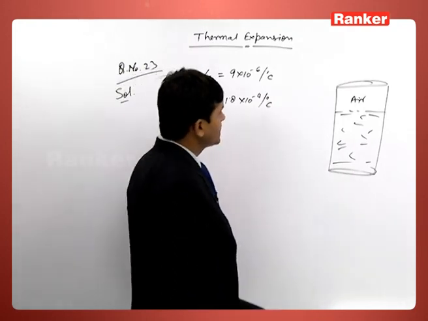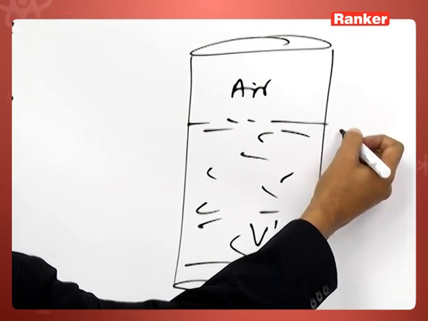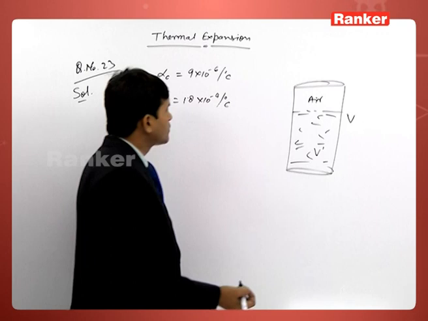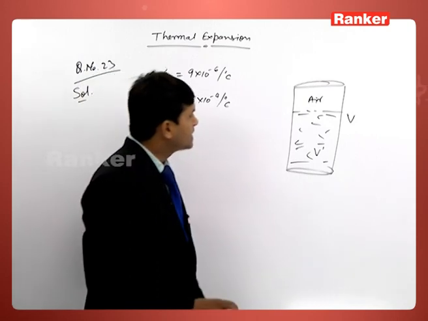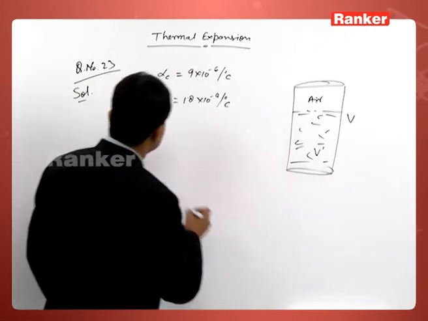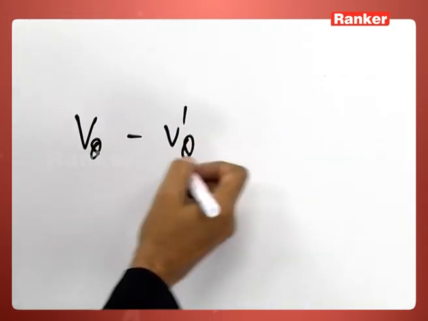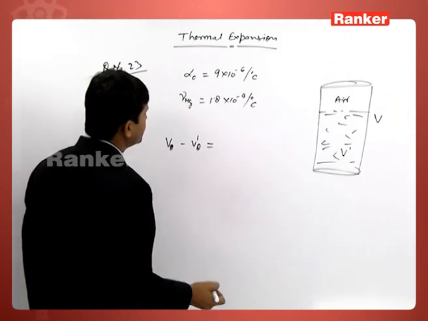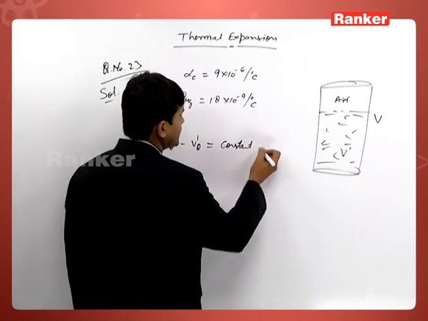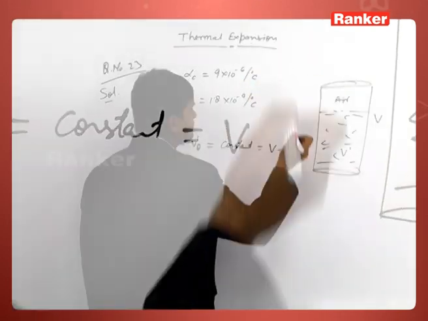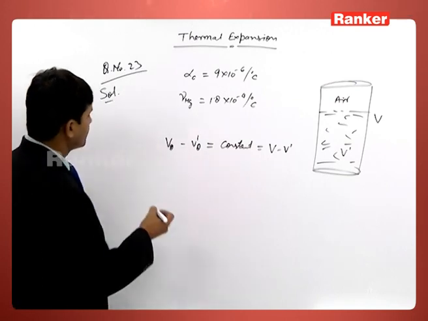So one thing we can say: let V dash be the volume of mercury and V the total volume of the container. The main point here is that the change in volume, V theta minus V dash theta, always remains constant, the same as the initial V minus V dash.